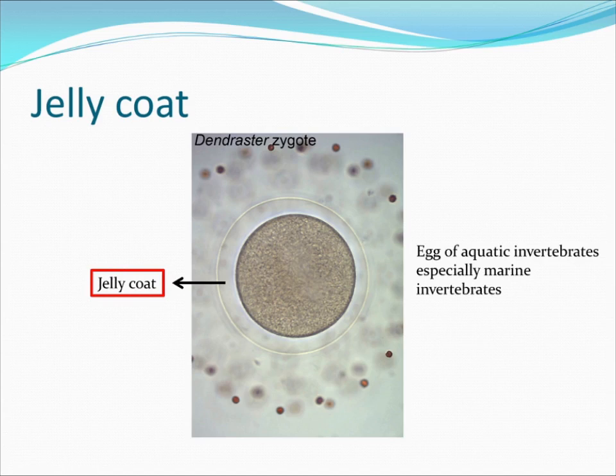Jelly coat is found in the eggs of aquatic invertebrates, especially the eggs of marine invertebrates. It is a non-living jelly-like layer which is found outside the vitelline membrane. This jelly coat is a primary egg membrane because it is secreted by the egg itself. That is about primary egg membranes.